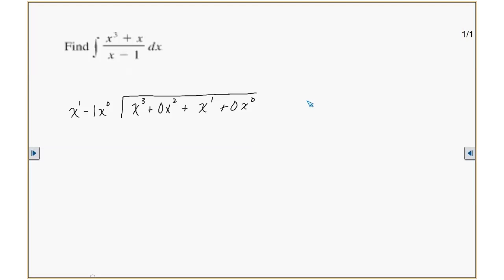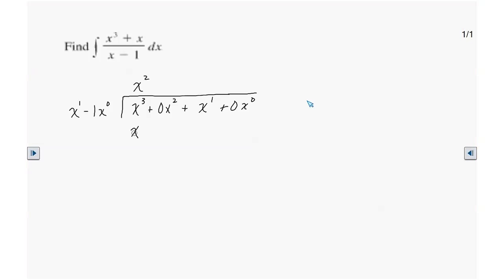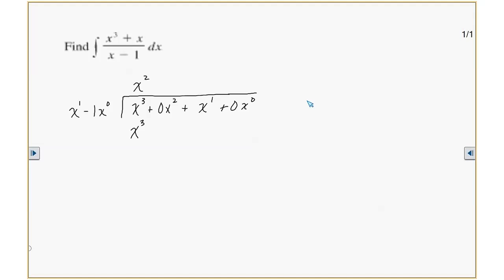How many times will x to the first go into x to the third? X squared times, Hubert. That's right, class. X squared times x to the first is x to the third.